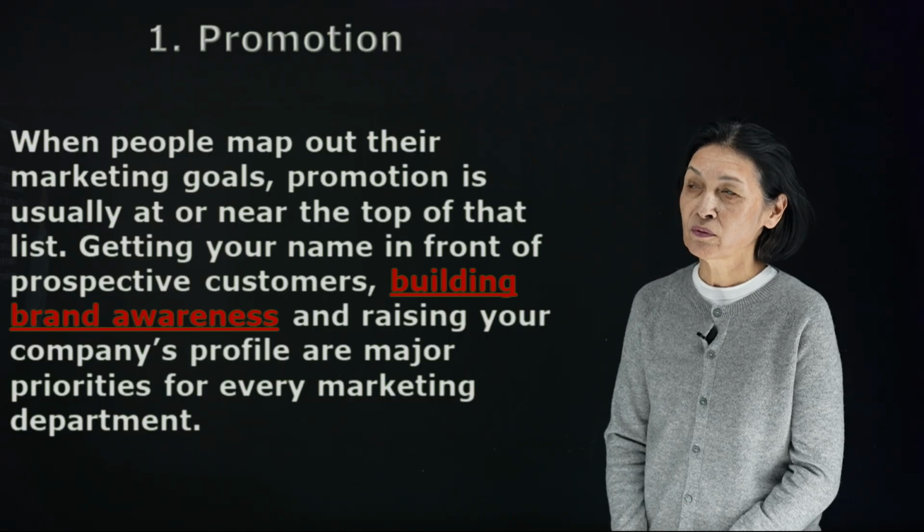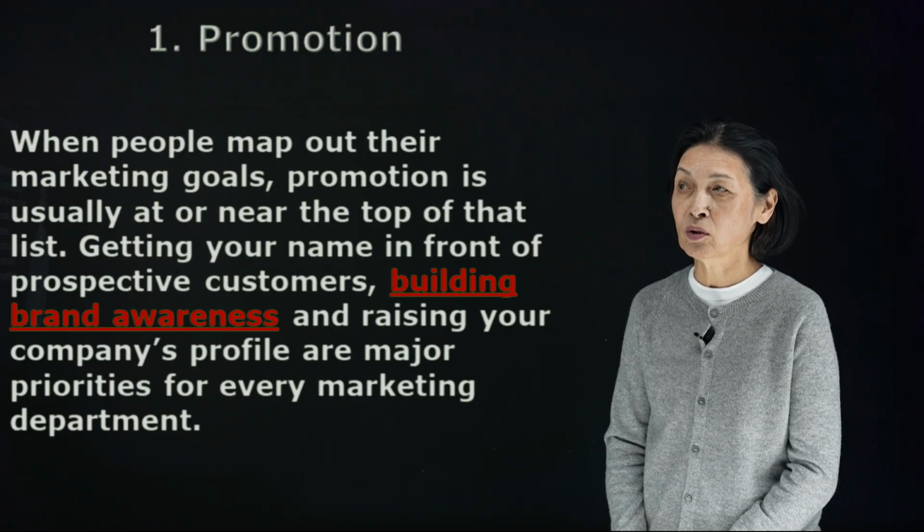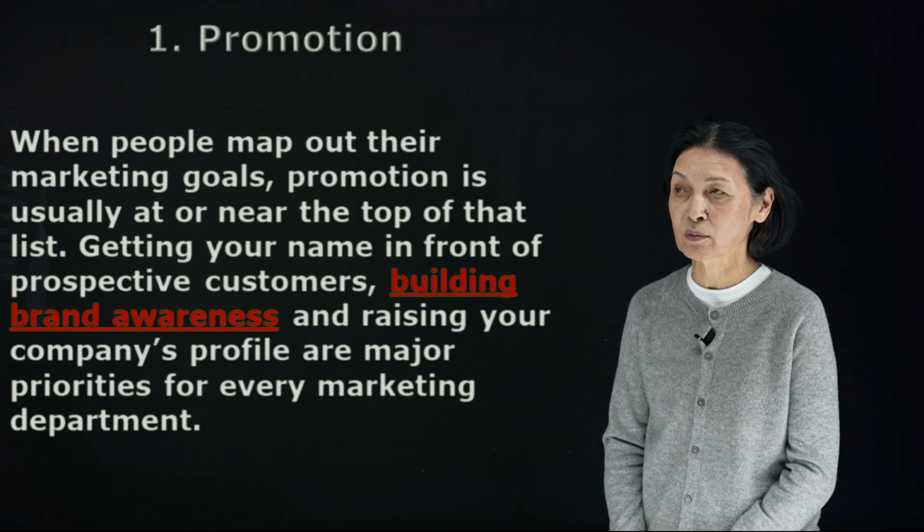The first function, promotion: when people map out their marketing goals, promotion is usually at or near the top of that list. Getting your name in front of the prospective customers, building brand awareness, and raising your company's profile are major priorities for every marketing department.